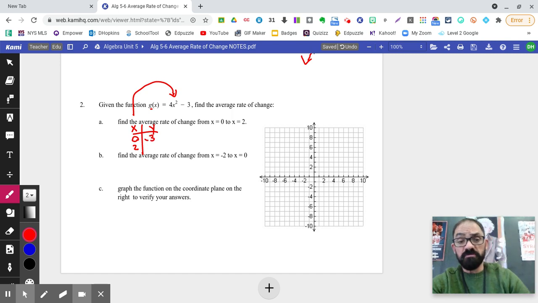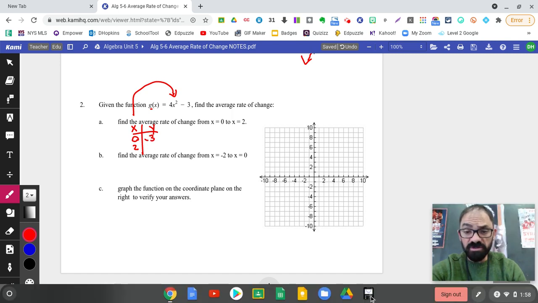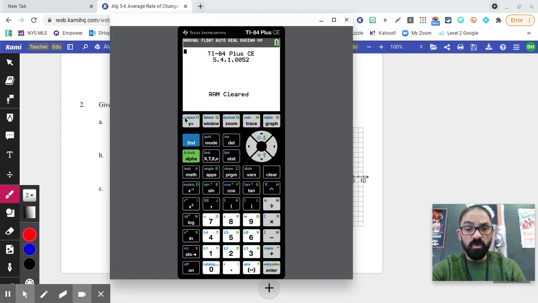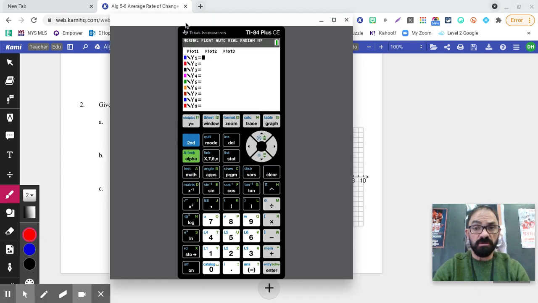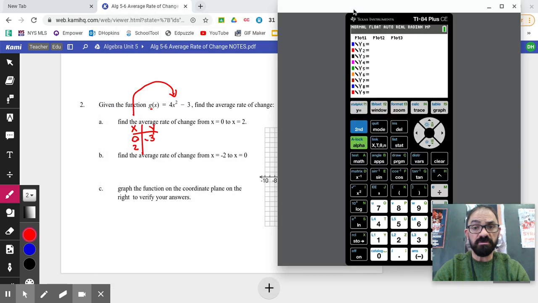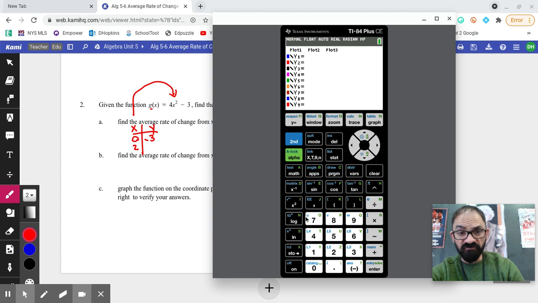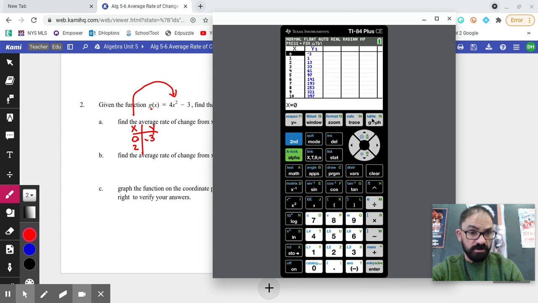But for those of us who may make a mistake, let's use our calculator. If we go to y equals, and we type in that equation, 4x squared minus 3, I can go to my table and grab those two numbers off there. 0 we said was negative 3, and that's exactly what it is right there. 2 is 13.